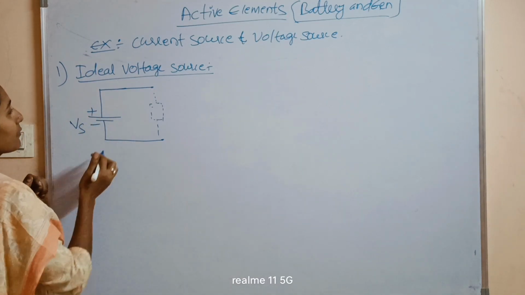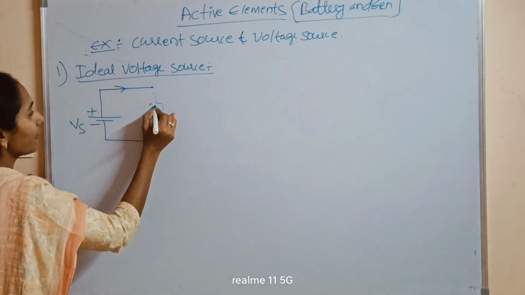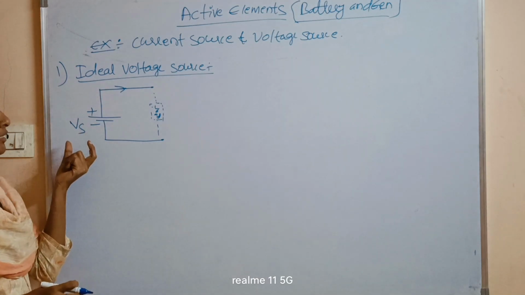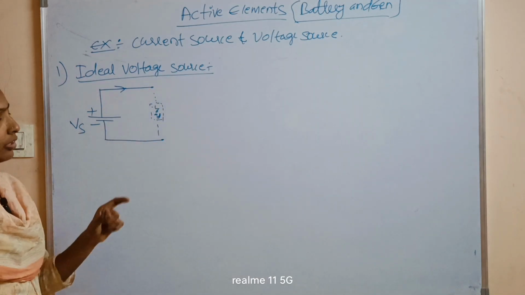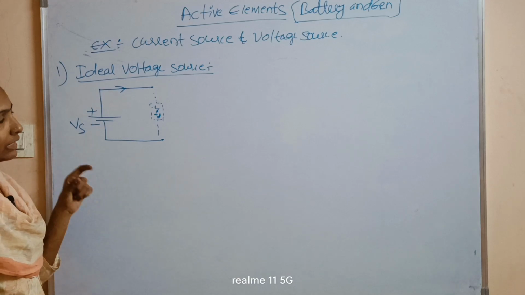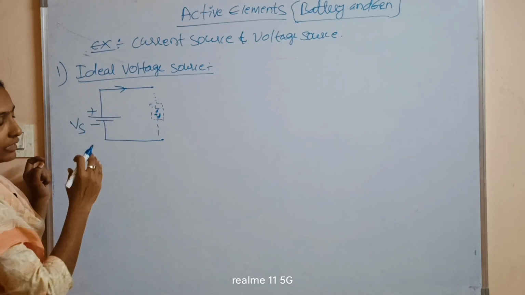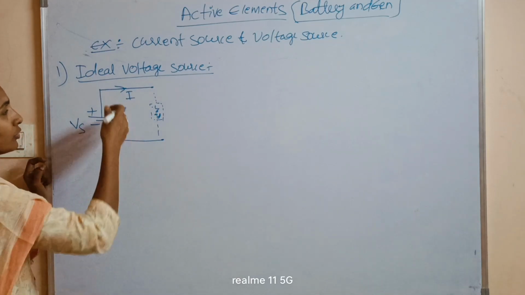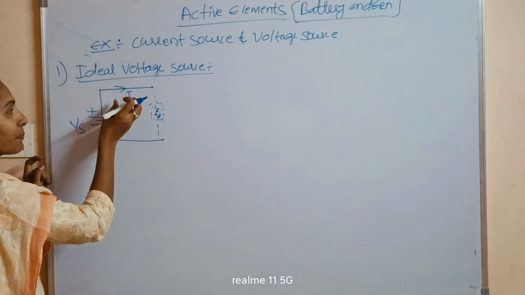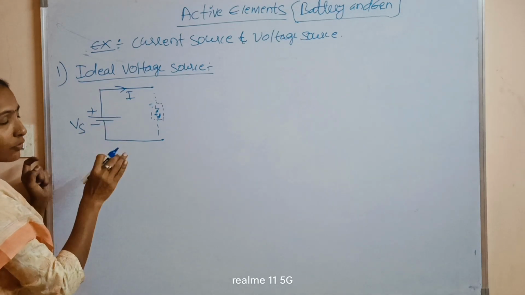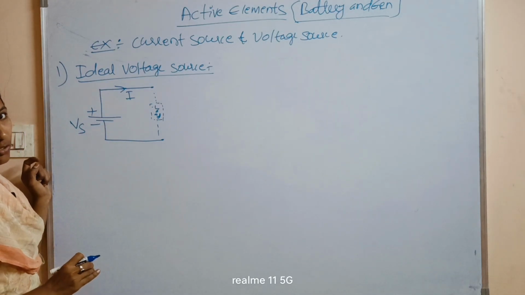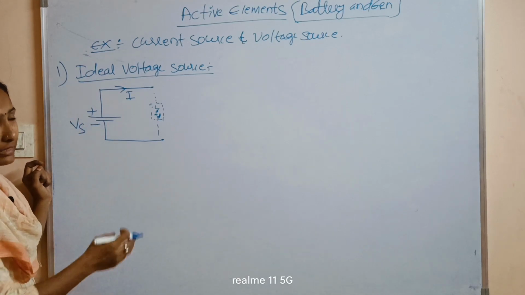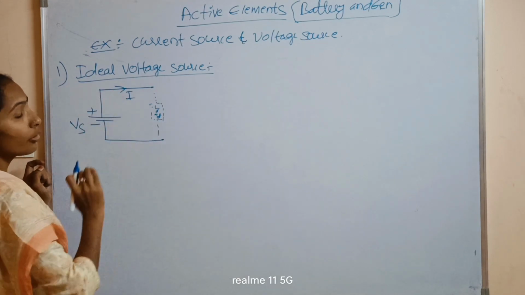When I apply some voltage, some current flows towards the load. Irrespective of change in current, there is no change in the voltage source. The voltage source does not depend upon any other factor at the load terminals.